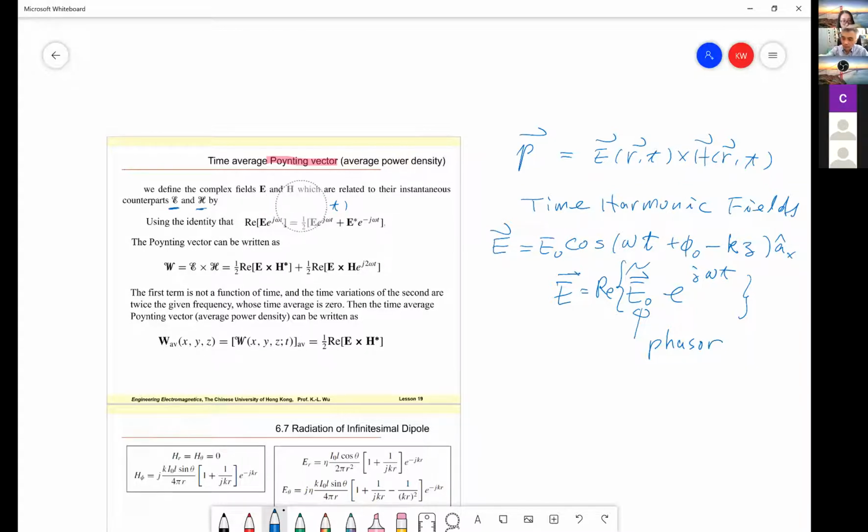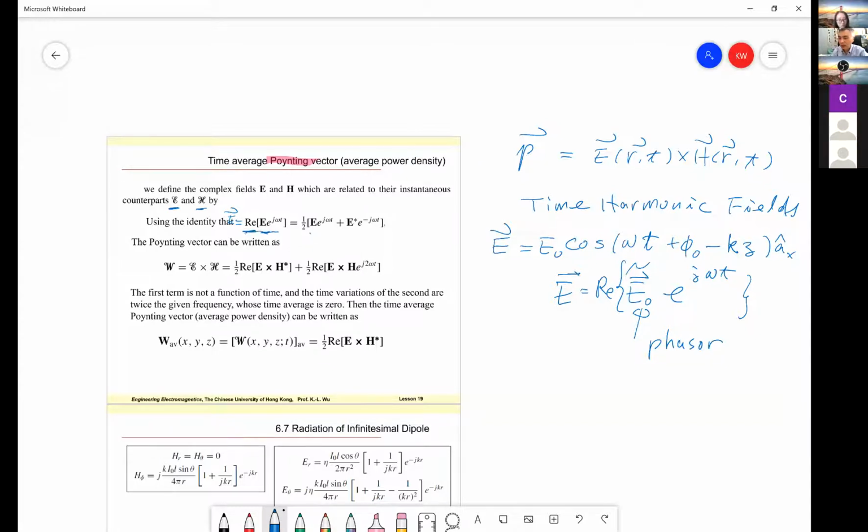Now, when we consider the time harmonic field, this E is described by the real part of this. I rewrite the things inside the bracket, and also take the real part.